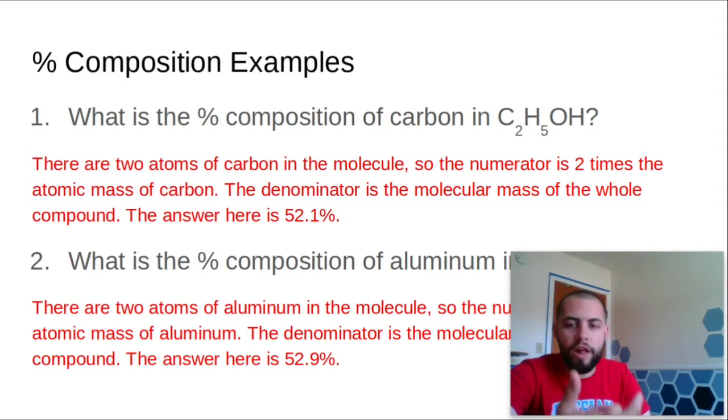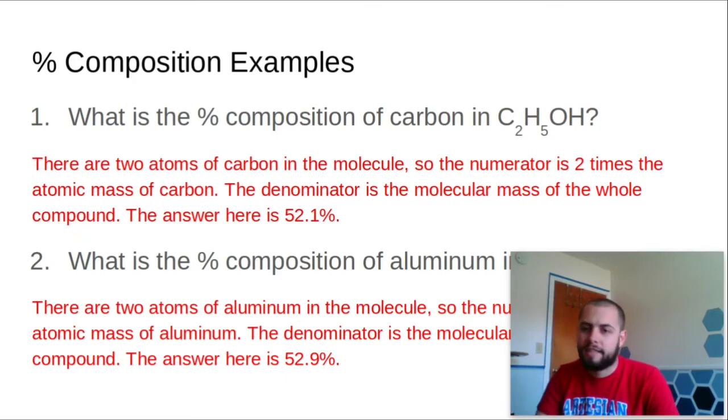I'm going to take that 12 that I got from the periodic table and multiply it by 2, because I've got 2 carbons in this molecule of ethanol. So 2 times 12, that's about 24. In the denominator, I'm going to put the molecular mass of the entire compound, not just the carbons, but all of the hydrogens and this oxygen as well, which is going to be about 46 atomic mass units.